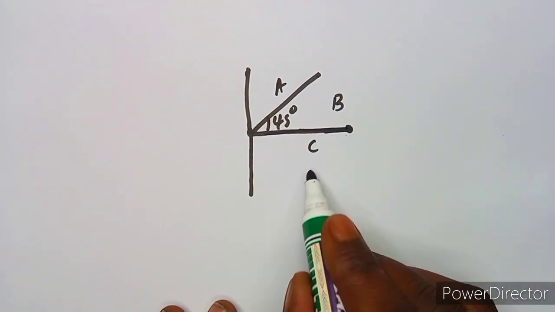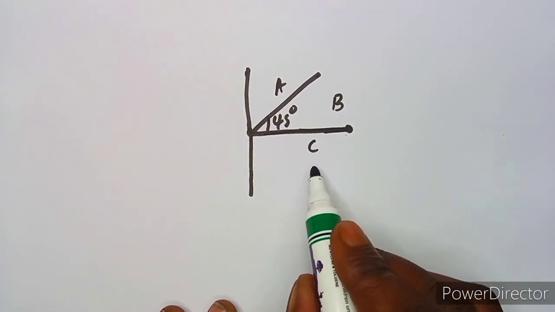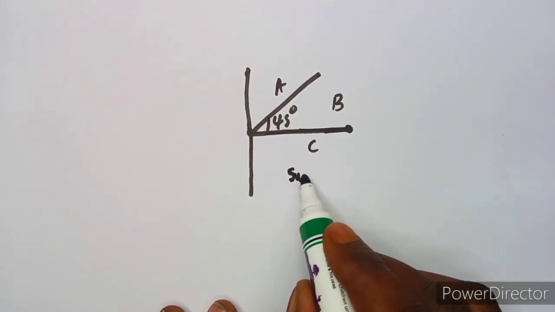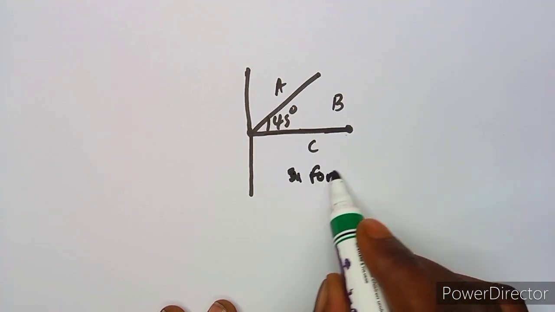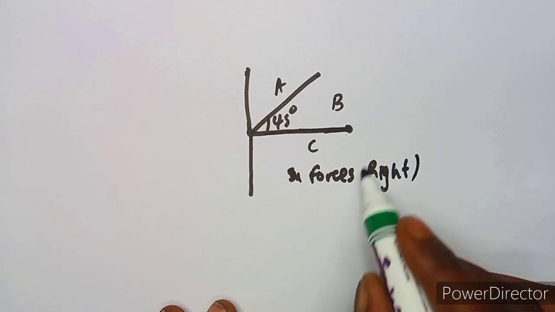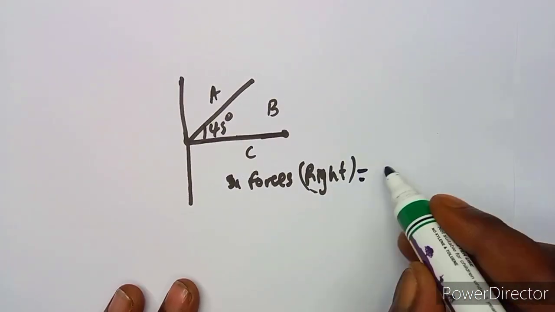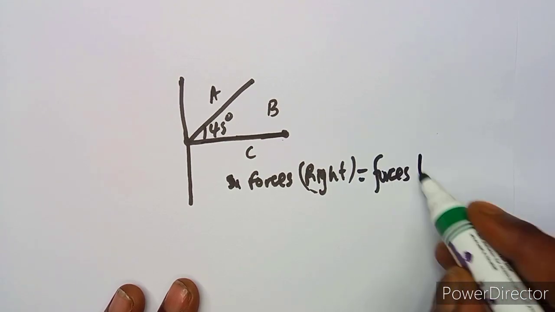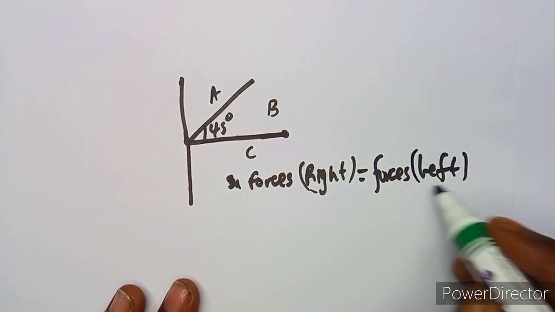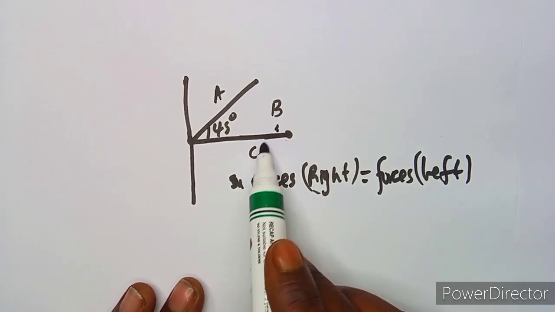So I'm going to use the sum of the forces to the right and to the left, okay? How can I present this? And let me just write forces right. This one's forces to the right actually, okay, is equal to the forces to the left, the sum. So to the right, which means you are actually referring to B and what?